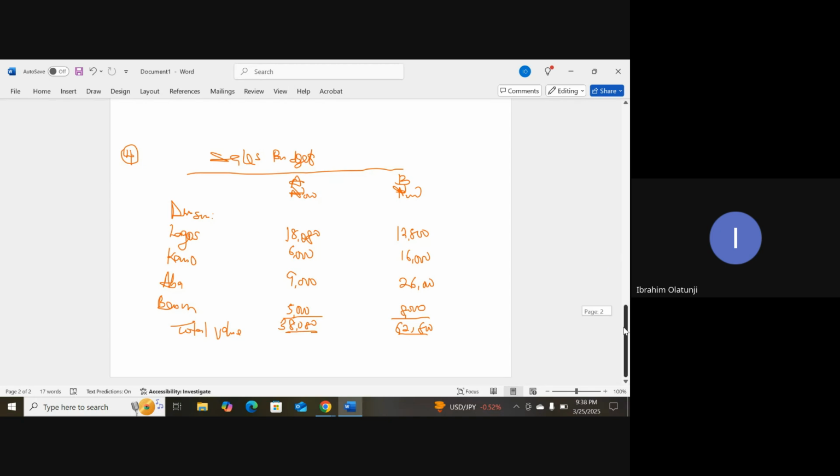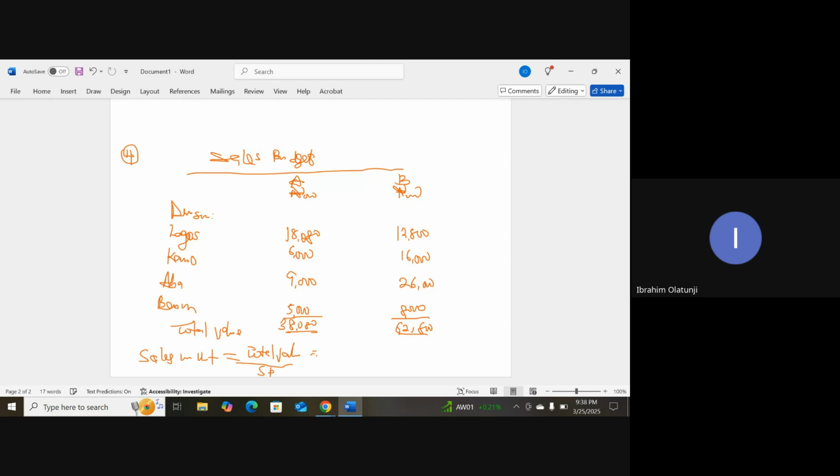And also we have series of options of doing it. Then sales in units will now be total value all over selling price.